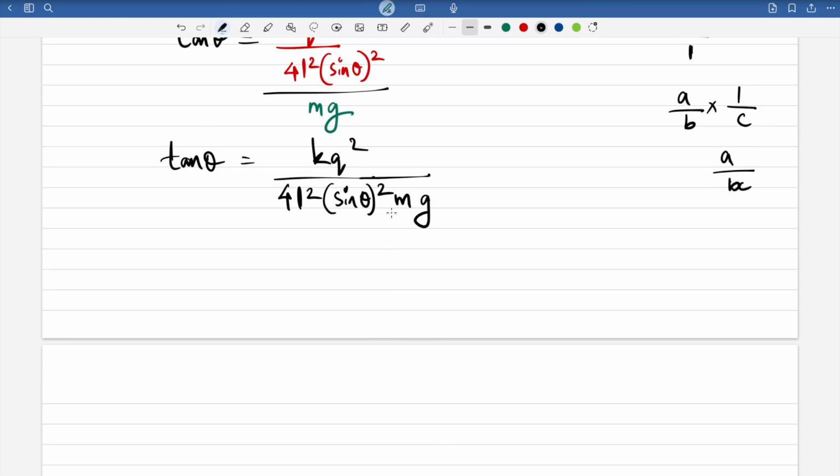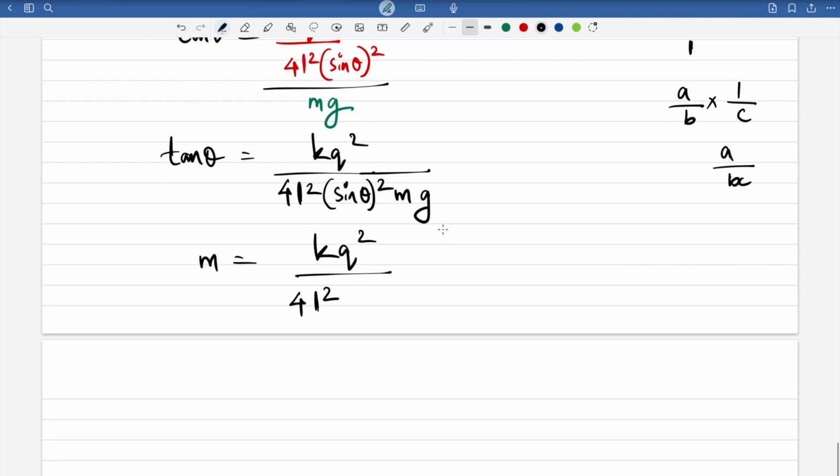So cross multiply it, so you can take m to the left and tan theta to the right, denominator. So m is going to the top of the left hand side. So m equals kq square over 4L square. There is g as well.